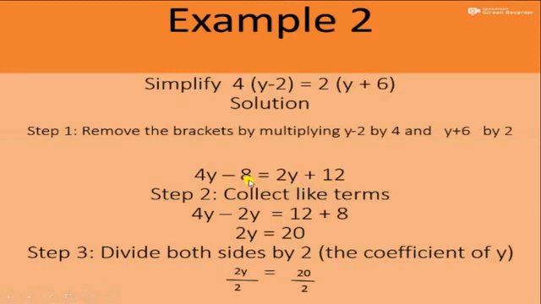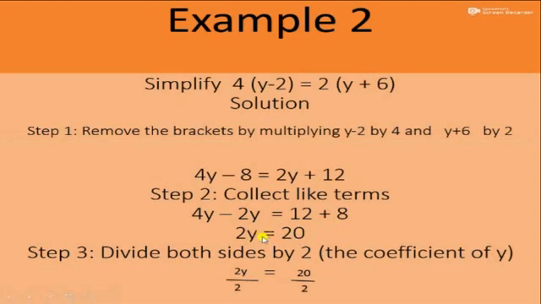So minus 8 from the left hand side also crosses the sign of equality to the right hand side, and it changes to plus 8. So we now have 12 plus 8. Now 4y minus 2y will give us 2y is equal to 12 plus 8, which gives us 20.